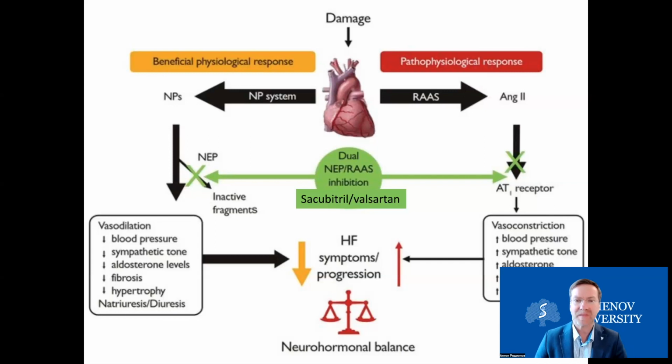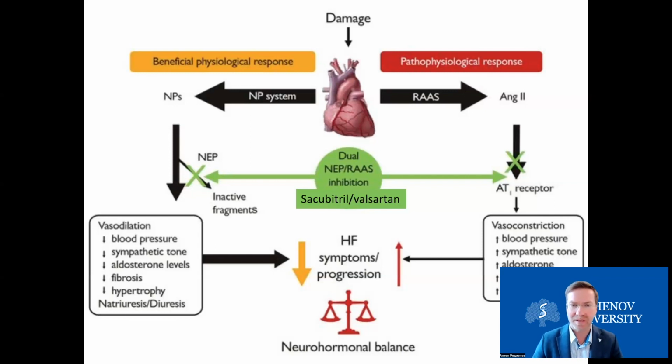You remember. So to inhibit neprilysin, we can use the molecule named sacubitril, and to reduce the activity of the renin-angiotensin-aldosterone system, valsartan. This drug was created by the Novartis company, and they made a double-action molecule. So you can't buy sacubitril separately in a drugstore. You can buy only sacubitril/valsartan in one pill.